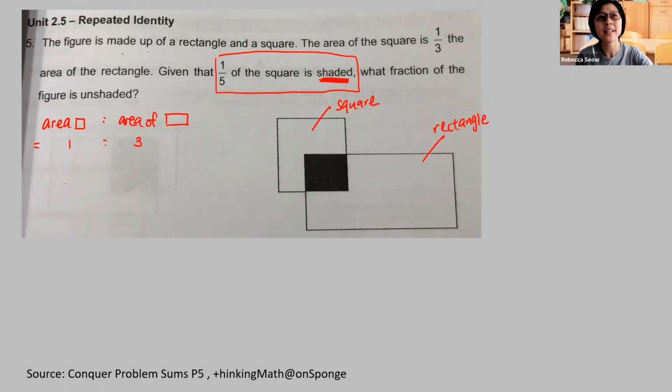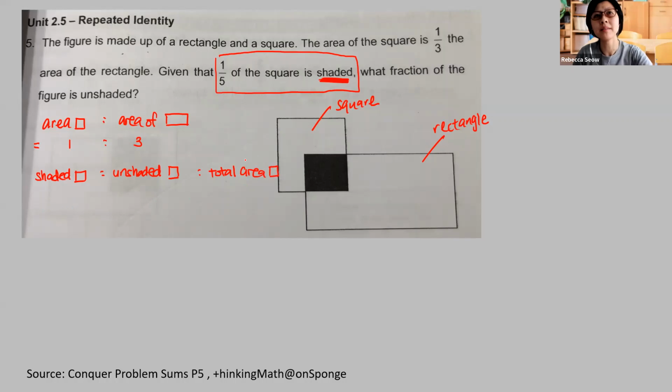Okay, so let's try to form a ratio between shaded part of the square, unshaded part of the square, to the total area of the square.